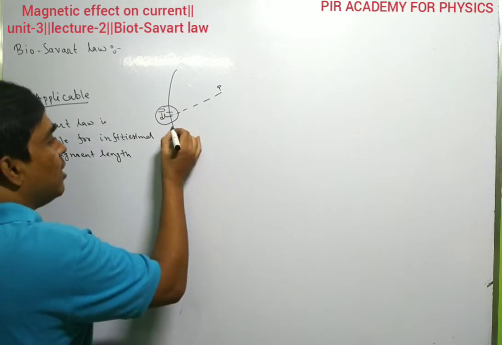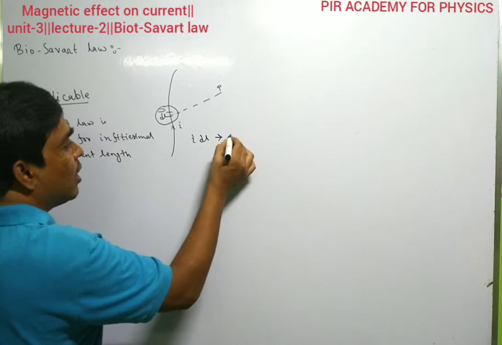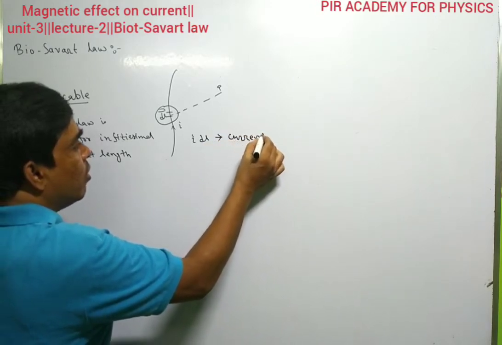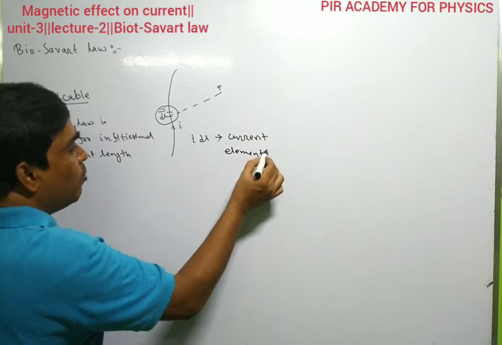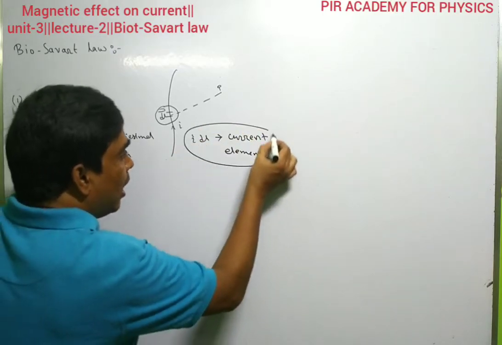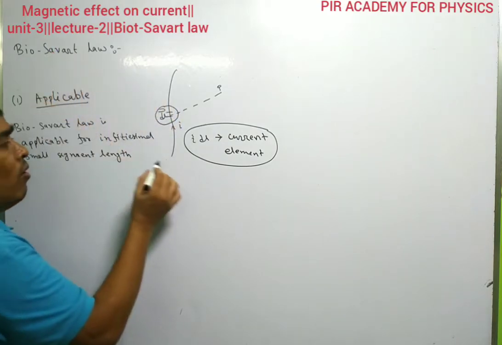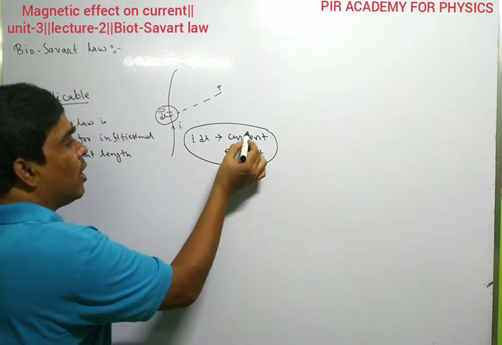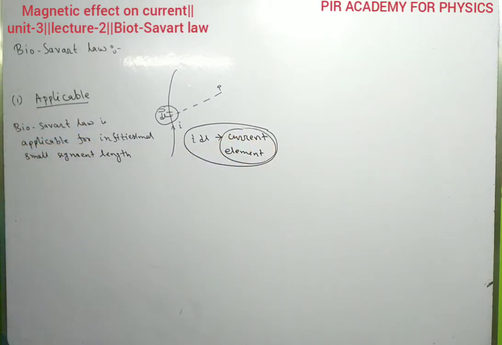This elementary length is also called the current element. I dl is called the current element. So you may say that Biot-Savart law is applicable for a current element.